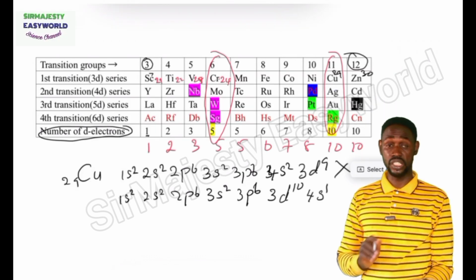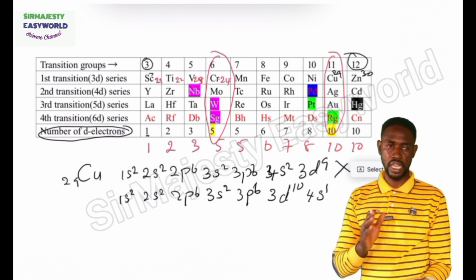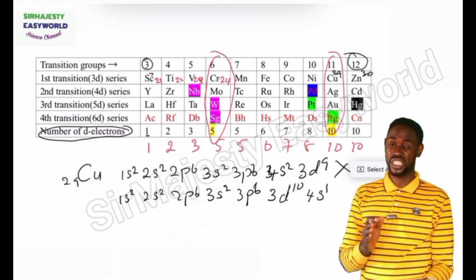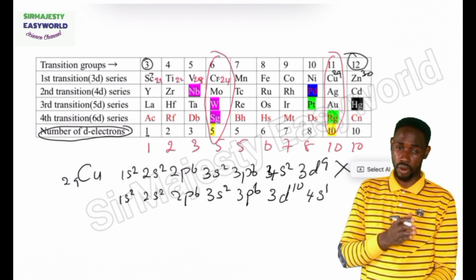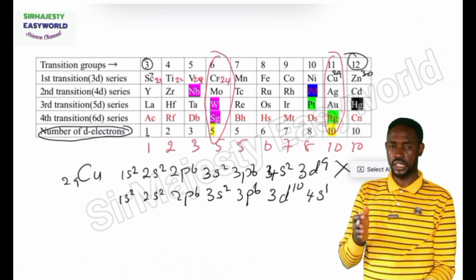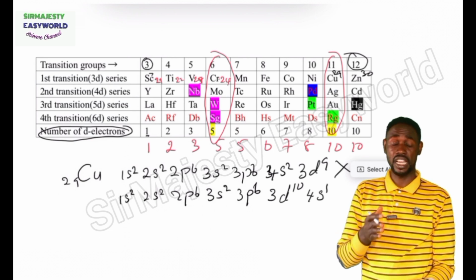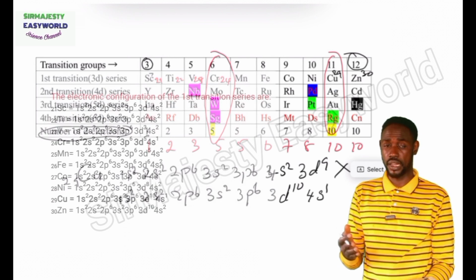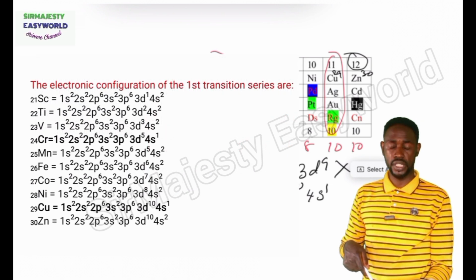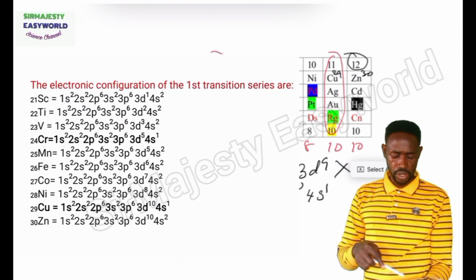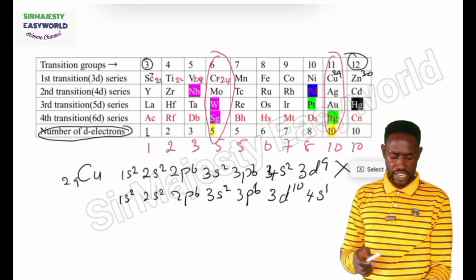Now, let us see the distribution of the electrons in the shell. Why do we say that they transition from 8 to 18? Why do we even call them transition elements? Their electronic configuration gave them that name. Remember, apart from these ones I mentioned here, every other one follows, which means iron here will end in 8.